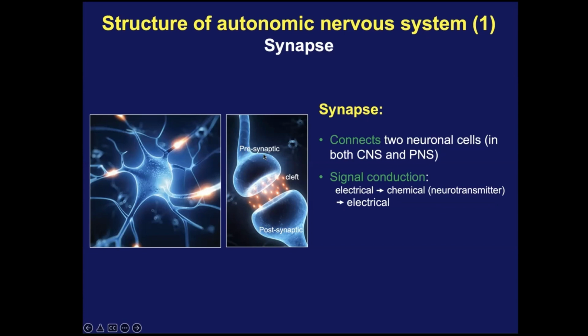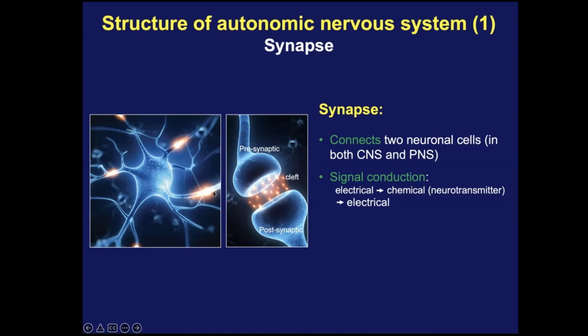Here is the presynaptic neuron, and here is the post-synaptic neuron. The second cell can also be a target cell, like a smooth muscle cell, heart cell, or the gland cell. And there is a small gap between these two cells, and this gap is called the cleft, or the synaptic cleft.